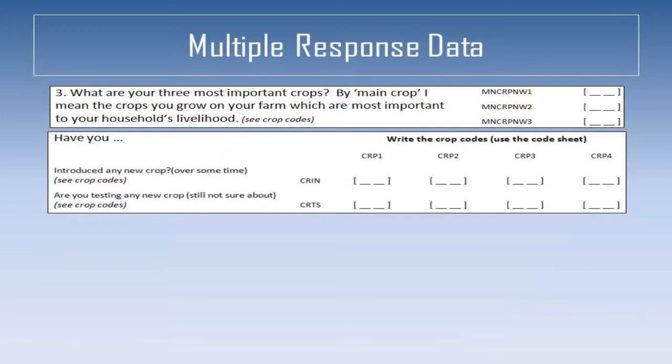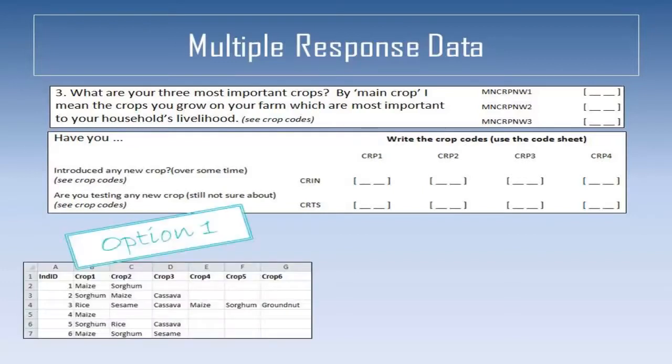Multiple response data is usually the result of responses being a list. For example, name the main types of crops grown on your land, or what livestock do you keep, etc. The first option for storing this data is for the number of variables, or columns, being the maximum number of responses given by any individual.